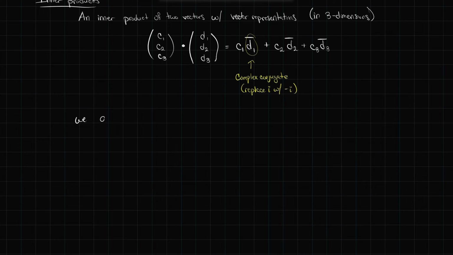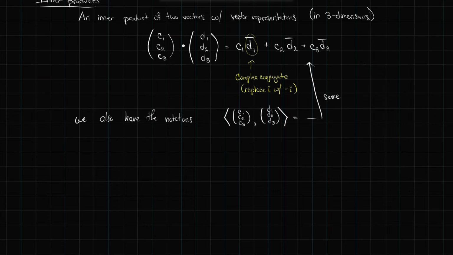So that's just the inner product for 3-dimensional vectors. And we also have the notation given by an angled bracket. So we could do something like C1, C2, C3, comma, D1, D2, D3, angled bracket. And this is the same.